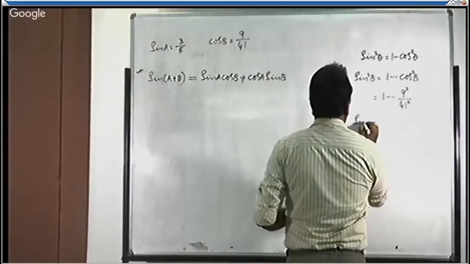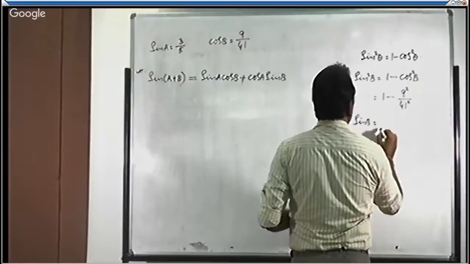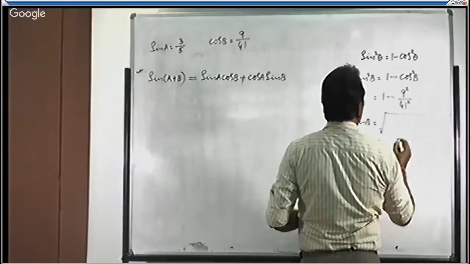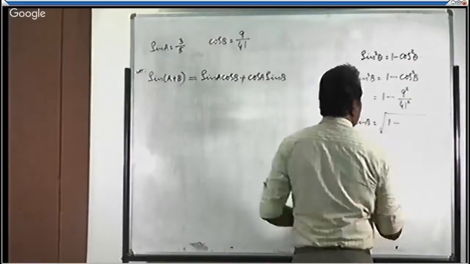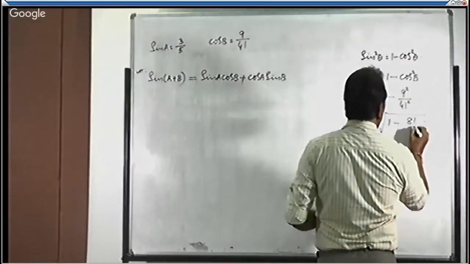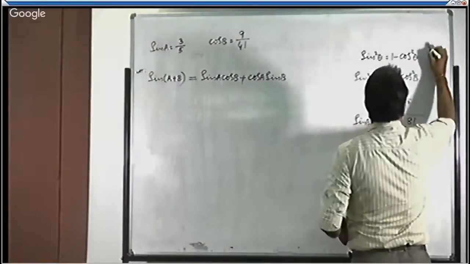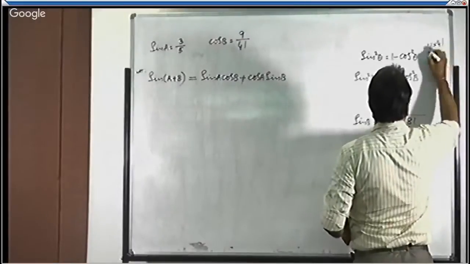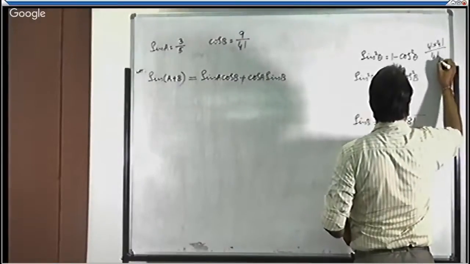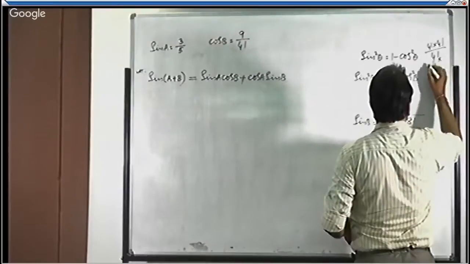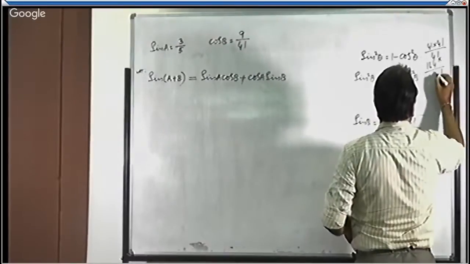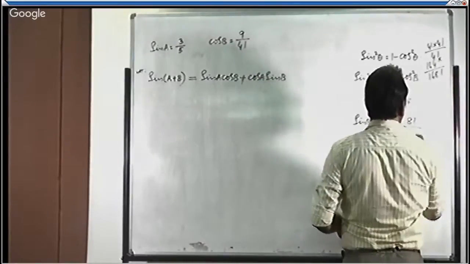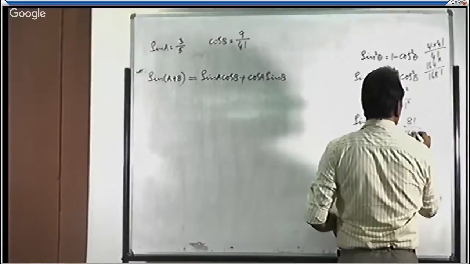Sin B is equal to square root of 1 minus 81 divided by 41 into 41, which is 1681.